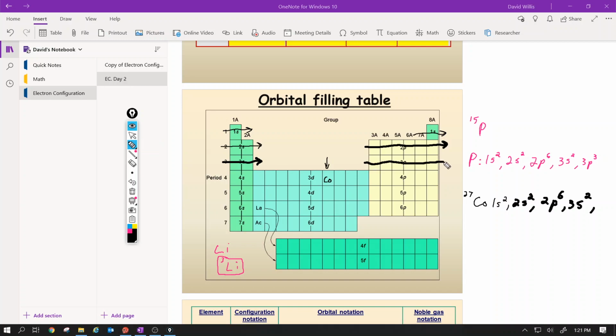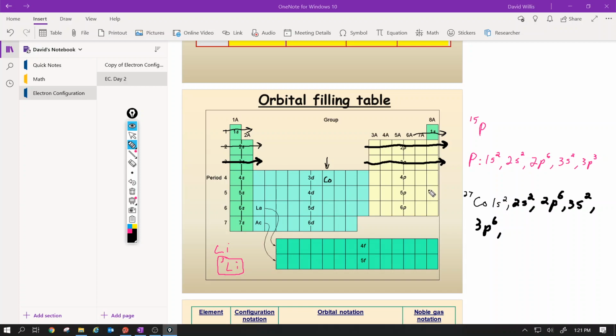I want you to notice how we're just tracking along the periodic table until we get to cobalt. Now, here's the deal. You're like, but wait, there's a 3d orbital. It turns out that it's actually easier to fill the 4s orbital before you fill the 3d. Why? Because in the third level, you've already got all these electrons repelling each other. Remember that like charges repel each other?